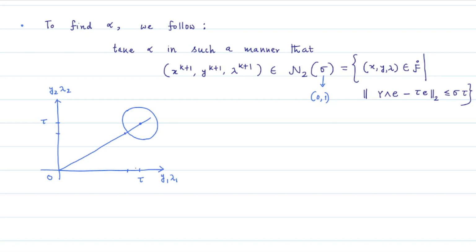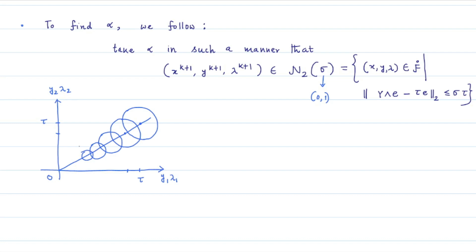Now for the reduced value of tau, sigma times tau is a smaller value than the earlier radius, and therefore this particular value of tau will give us a circular region with a bit smaller radius. Then for a still smaller value of tau we get a still smaller radius circle, and in this manner we will keep getting smaller circles.